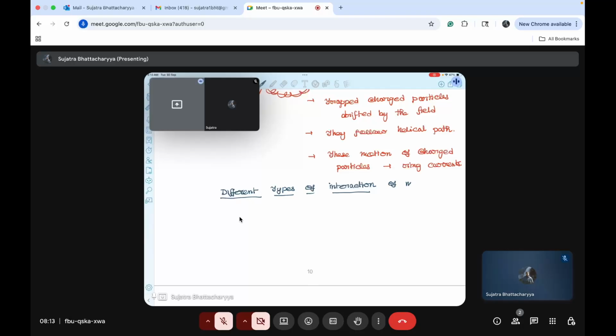The interaction of magnetic field and charged particles. Okay. So I would say the nature of interaction, let us first write that.